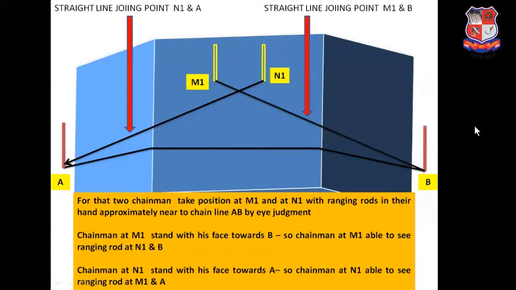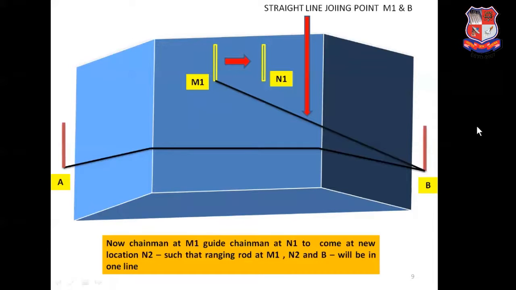Now the next step is, chainman M1 will guide the chainman N1 to come to a new location N2 in such a way that the ranging rod at M1, the ranging rod at N2 and the ranging rod at B come in the same straight line.